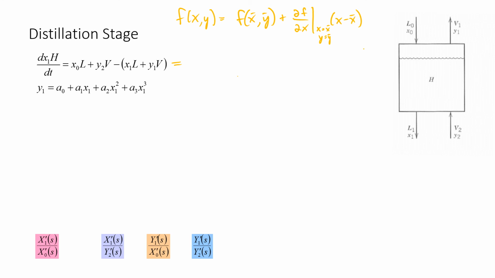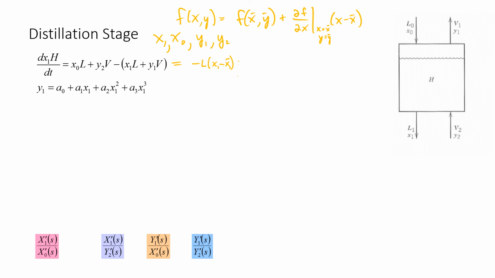Okay, so I have my 4 variables: x1, x0, and then y1 and y2. Those are the 4 that I want to linearize with respect to. The derivative with respect to x1 is going to be negative L times x1 minus x1 bar.